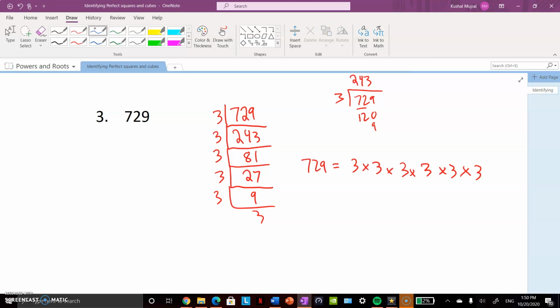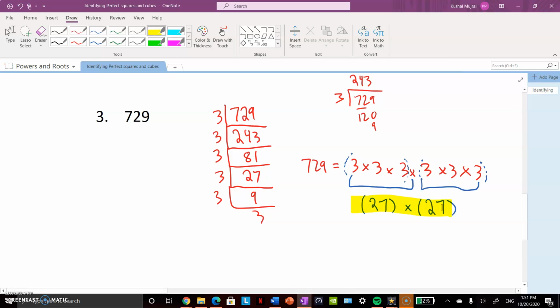There's a couple of ways we can do this. Imagine that I put imaginary brackets around here and around here. So 3 times 3 times 3 is 27, multiplied by 3 times 3 times 3 is 27. So now that we have two 27s, we can say that 729 is 27 squared.